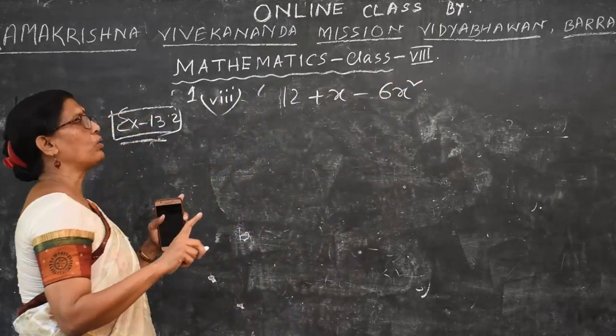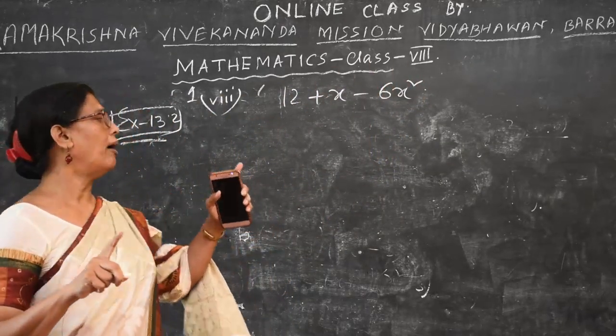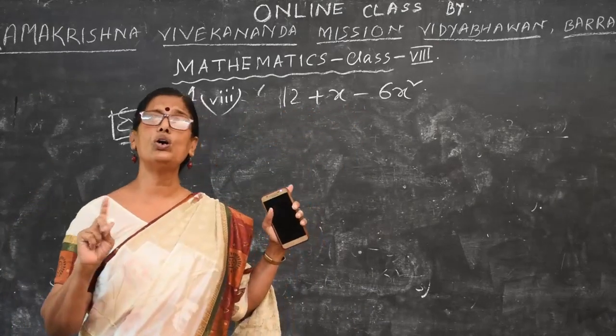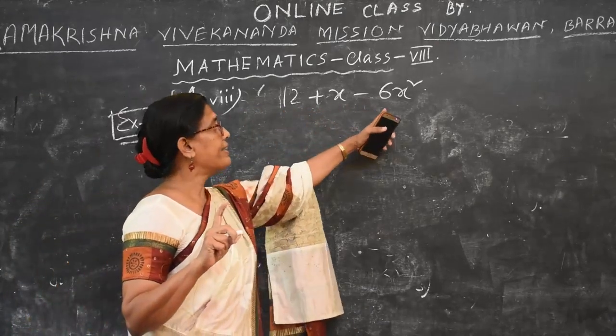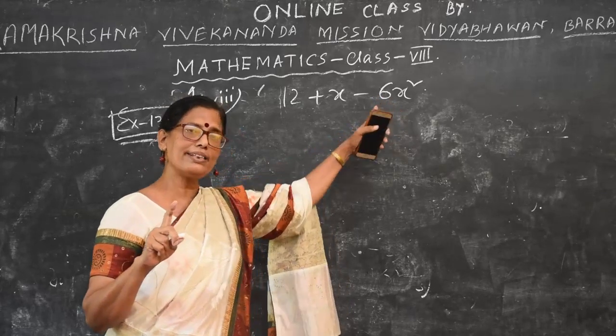See, very minutely: in the previous sum, x square has no coefficient. Here x square has a coefficient of minus 6.